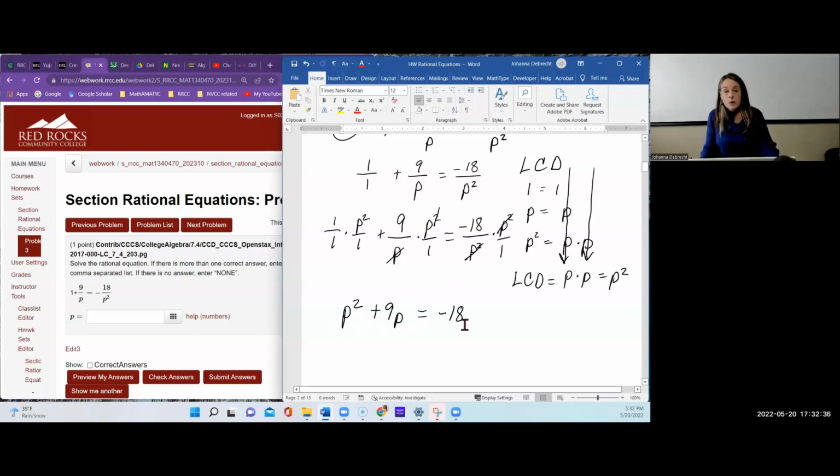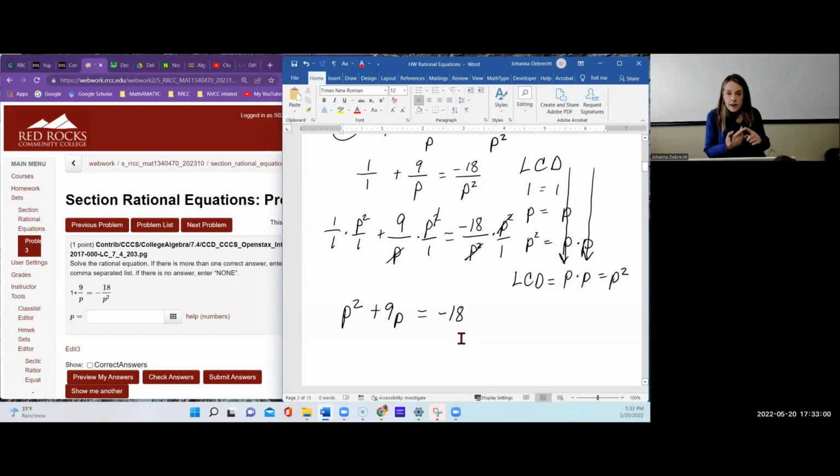Now I need to look at this equation, decide what kind of equation it is, and figure out how to solve it. It's got a p squared and a p term and a constant term, which tells me it's quadratic. I can solve it by the square root property. I can solve by factoring. I can complete the square and then use the square root property, or I can use the quadratic formula.